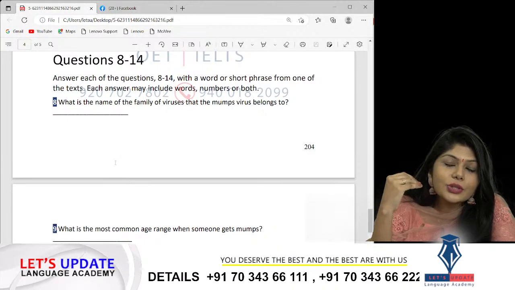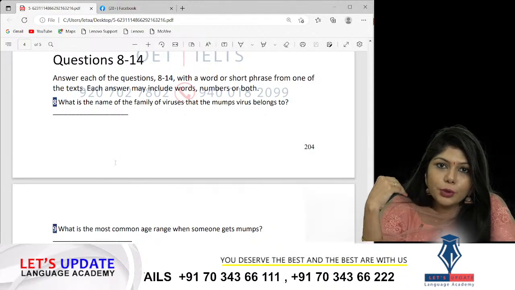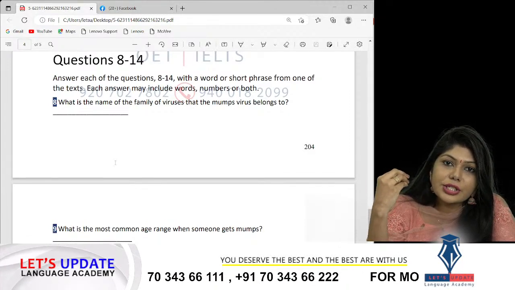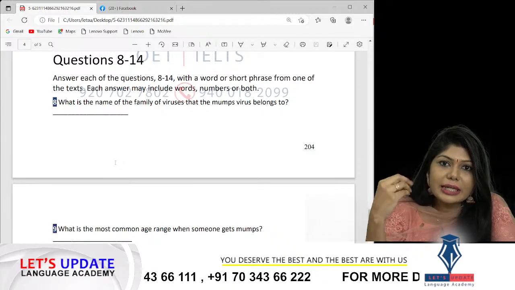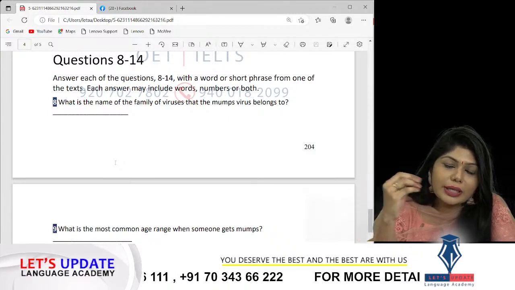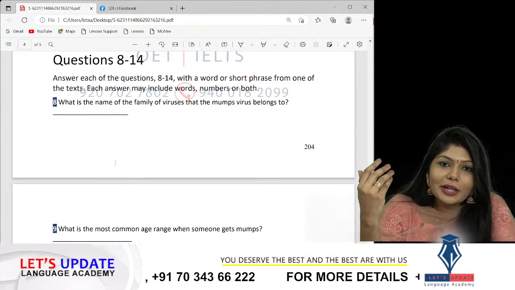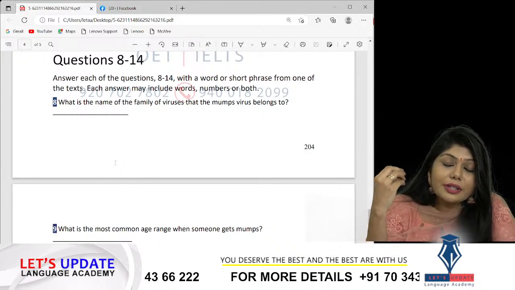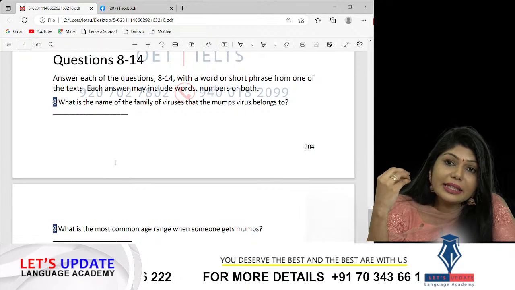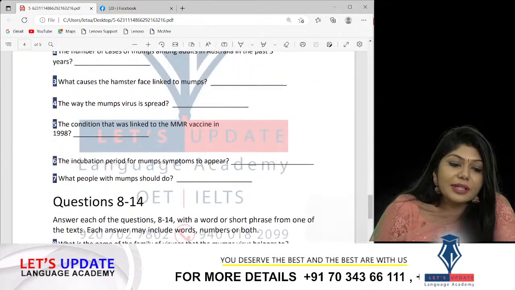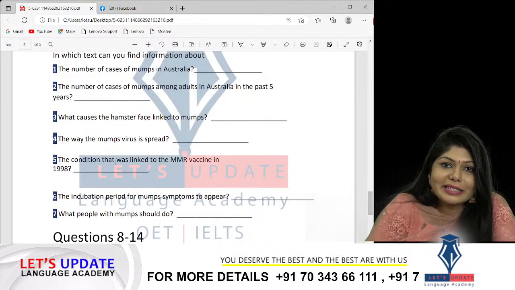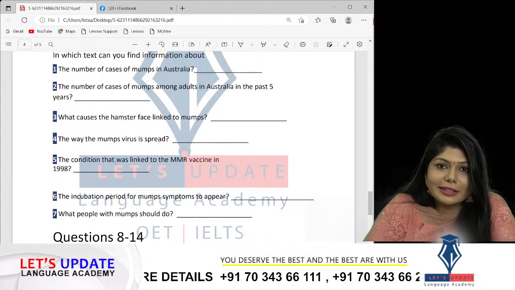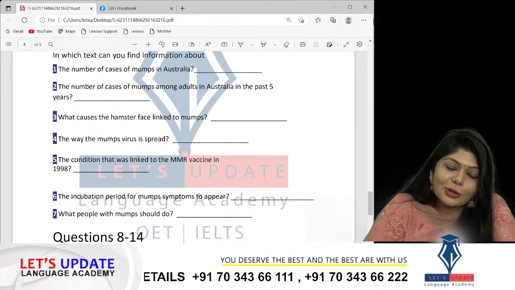While you solve questions 8 to 20, you will have a thorough idea about where each information belongs, which text holds each information. And in case you run out of time, you can attempt questions 1 to 7 without even turning back and checking where each information is, because you will be thorough with that information by the time you solve questions 8 to 20.